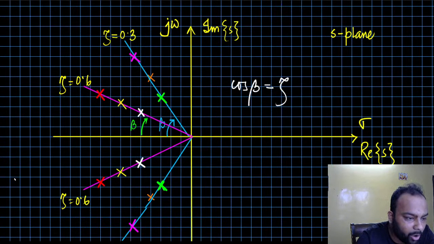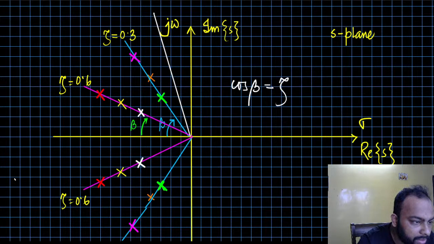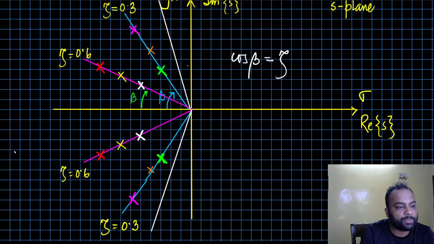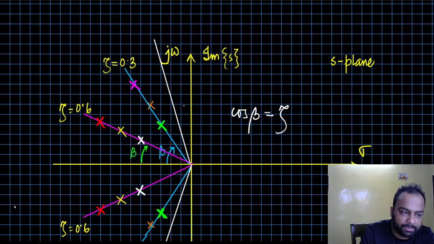Let's draw this line. These white lines correspond to another value of zeta, because they have a different value of beta.